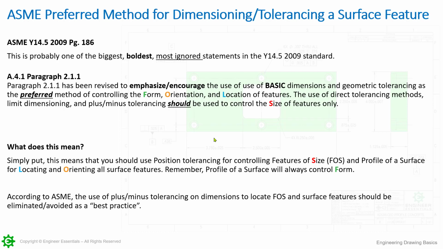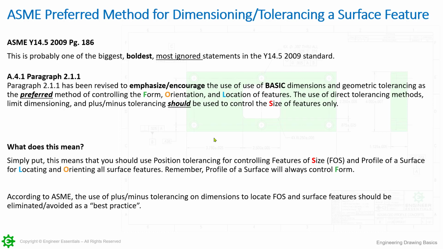So the use of direct tolerancing methods, limit dimensioning, and plus-minus tolerancing should be used to control the size of features only. So what does this mean? Simply put, this means that you should use position tolerancing for controlling features of size. That's what we teach. And then profile of a surface for locating and orienting all surface features.